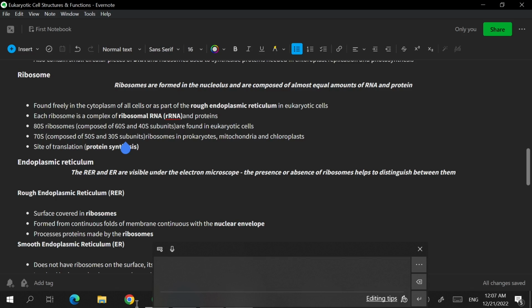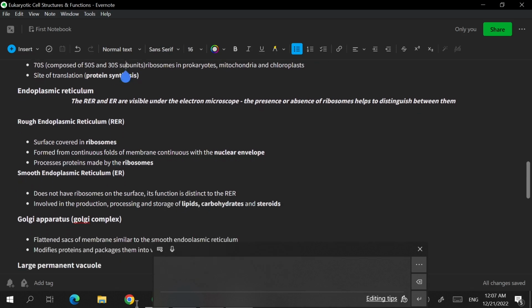You just need to know that it has a large subunit and a smaller subunit. How it works, again, you're going to learn in nucleic acids if you haven't already. So 70S are found in prokaryotes, 80S are found in eukaryotes, and both have a larger subunit and a smaller subunit. That's the site of translation, protein synthesis.